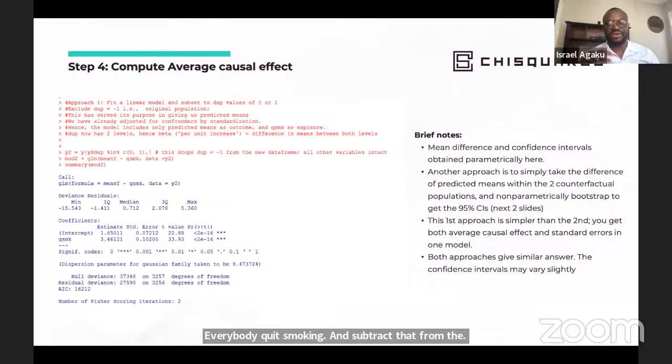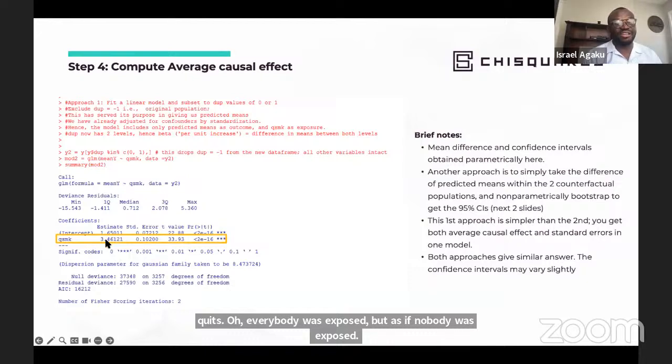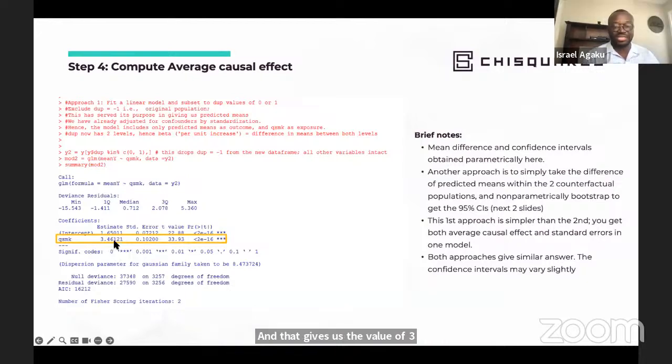So again, remember that for counterfactual outcomes, we are not interested in comparing exposed versus unexposed. We are comparing if everybody in the population had quit, or everybody was exposed, versus if nobody was exposed. And that gives us the value of 3.461. So that means that this is the average causal effect.